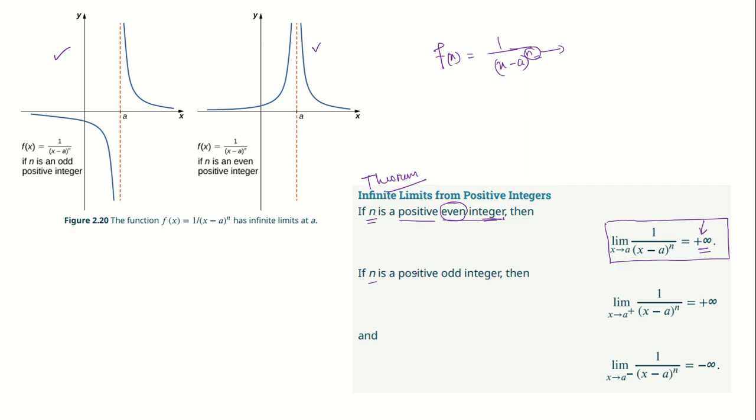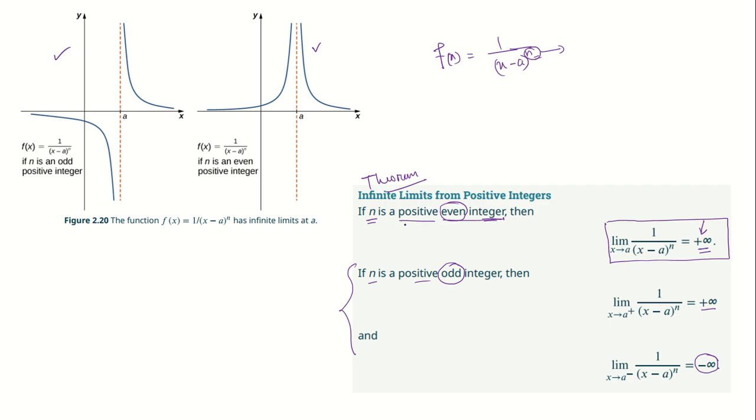If n is a positive odd integer, then we also have positive infinity when x approaches a from the right. If x approaches from the left, then we will have negative infinity. So we can take a decision from here.